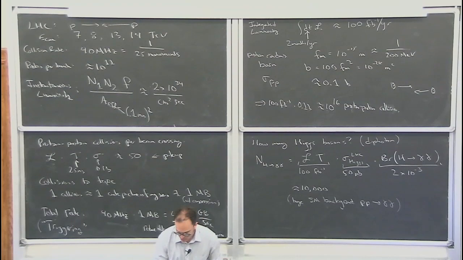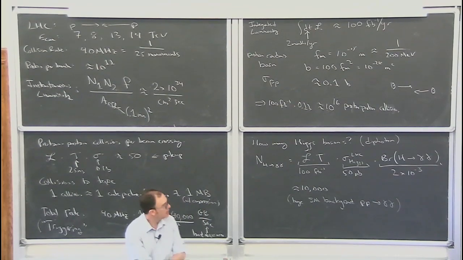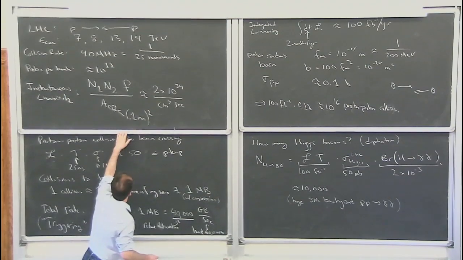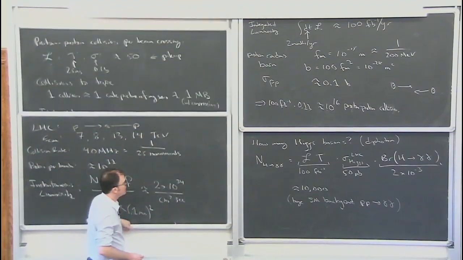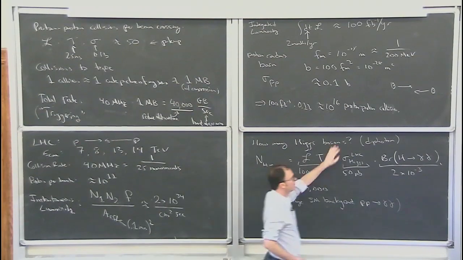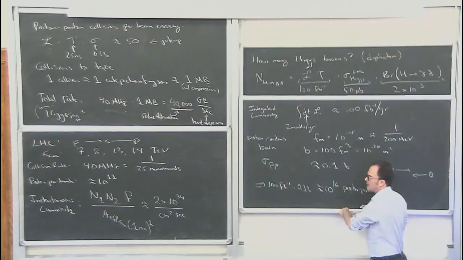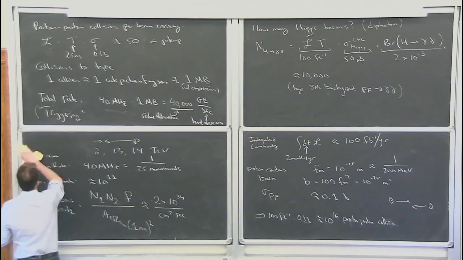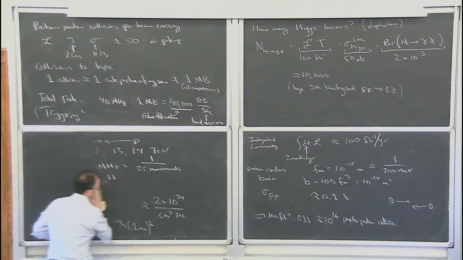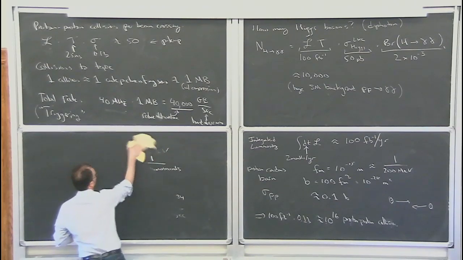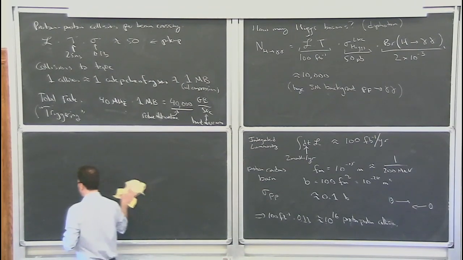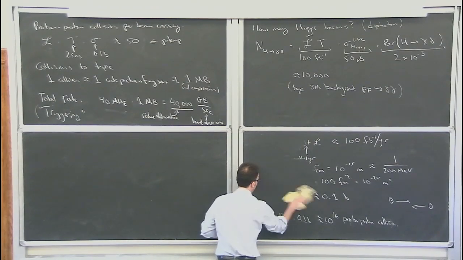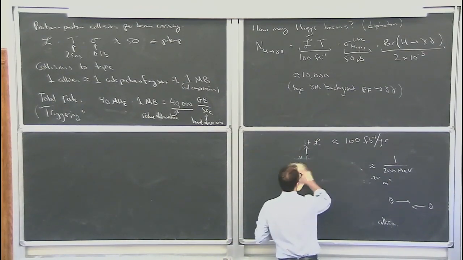Okay, so I want to do just one more set of numbers before I show you the master formula for collider physics. This is basically just a rehashing of what I just said in terms of rates, but maybe slightly more visceral.